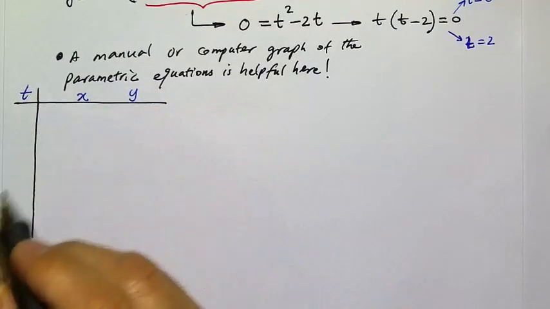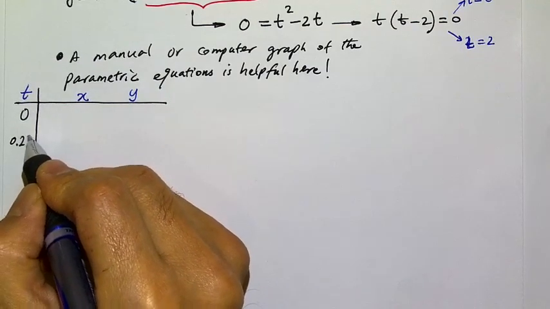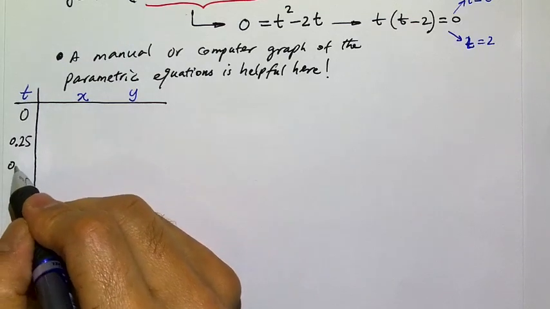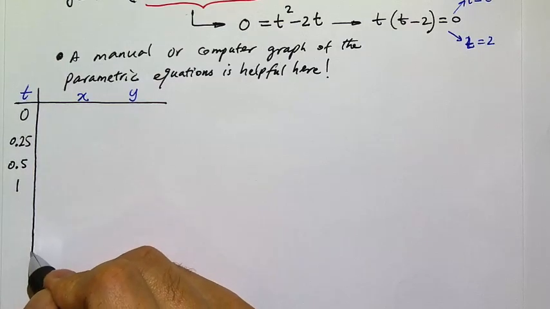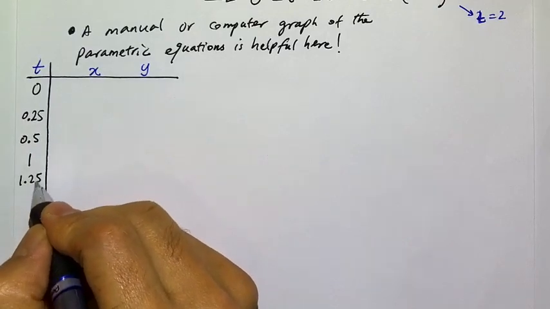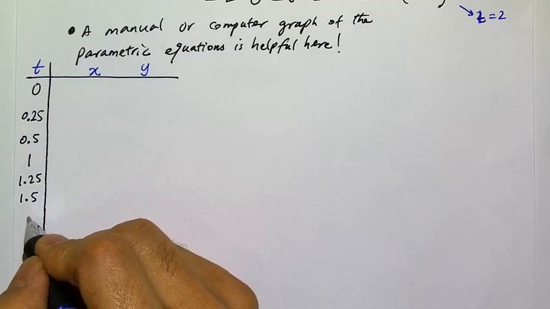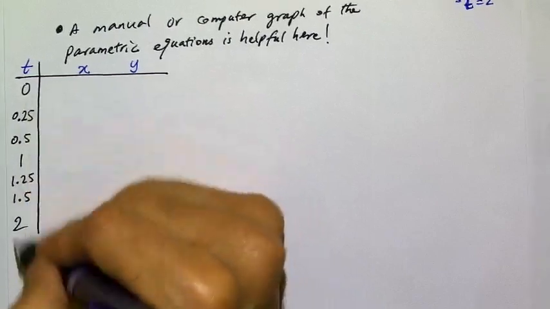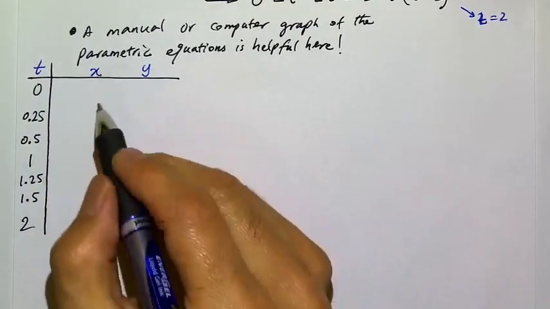So I will use t equals 0, and I will pick some easy numbers: 0.25, 0.5, 1, 1.25, 1.5, and instead of 1.75, let me just jump to 2. Okay, I think that's enough values for us to plot this graph.